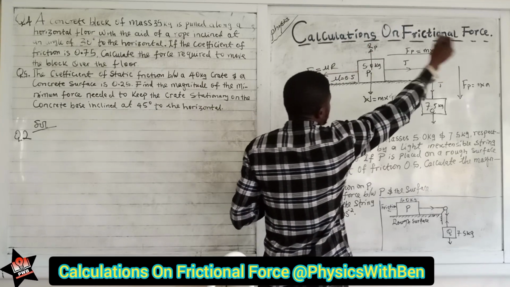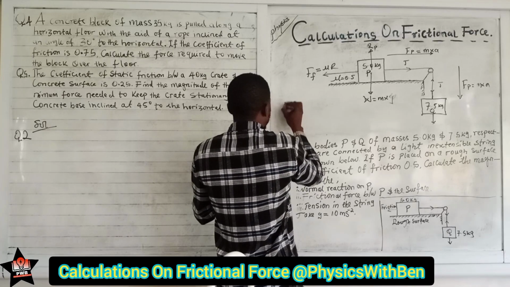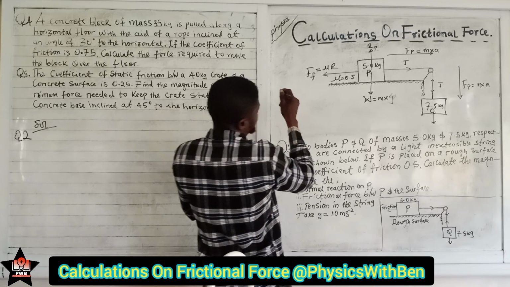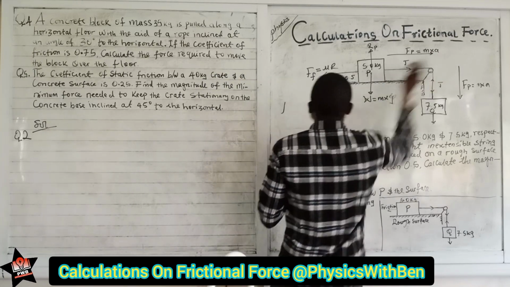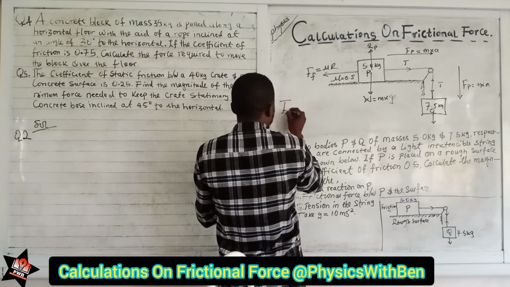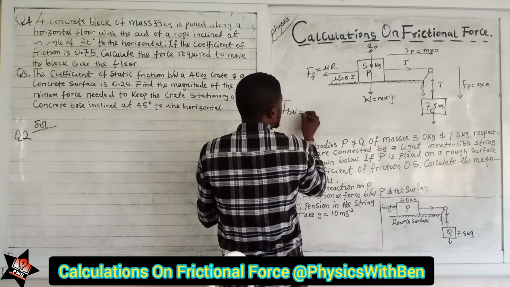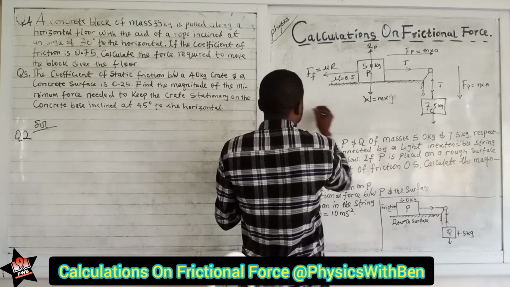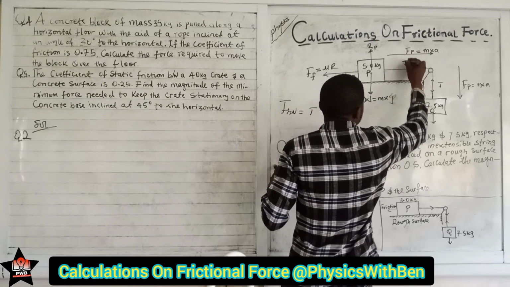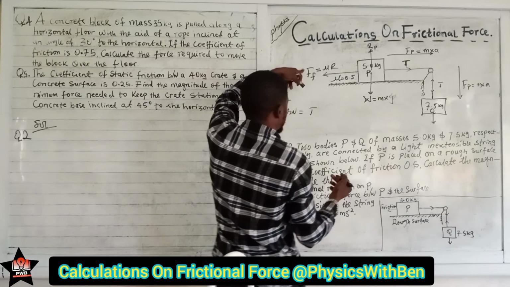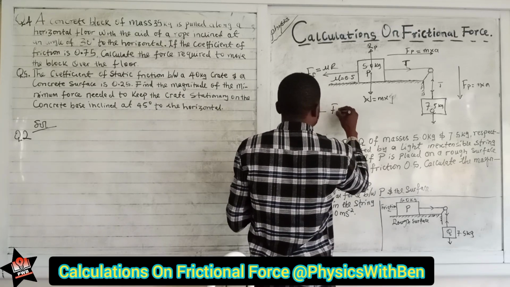The total horizontal net force is given to be the tension, this tension here, minus the frictional force.